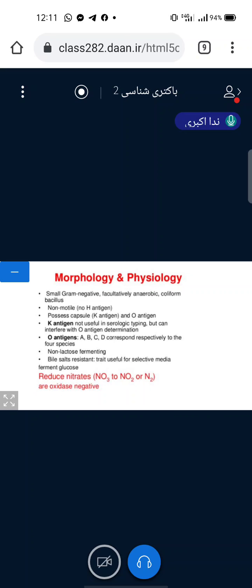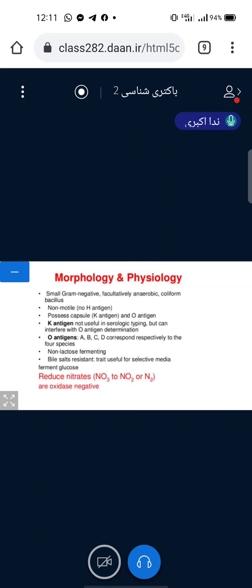And they are non-lactose fermenting. It means on selective media like MacConkey agar, they do not make colorful or pink colonies. They are bile salt resistant. It means they can grow on MacConkey agar.